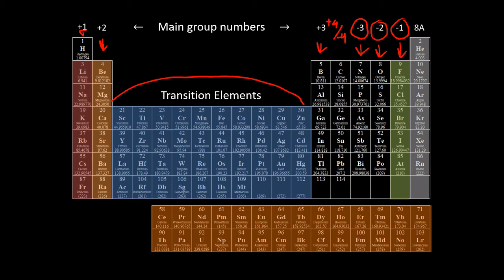Now my one caveat here is that I will often have students getting confused because they'll hear me talk about this slide and they'll be like, got it. Absolutely. Fluorine is always going to have a -1 charge. Oxygen is always going to have a -2 charge, and so on.